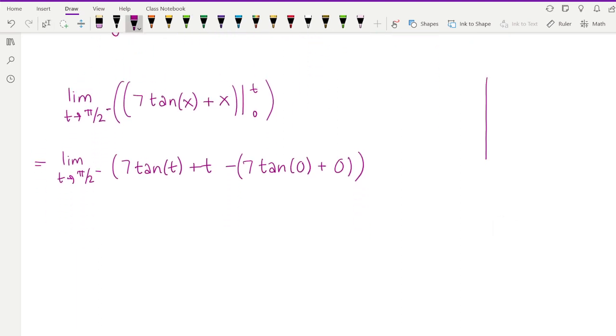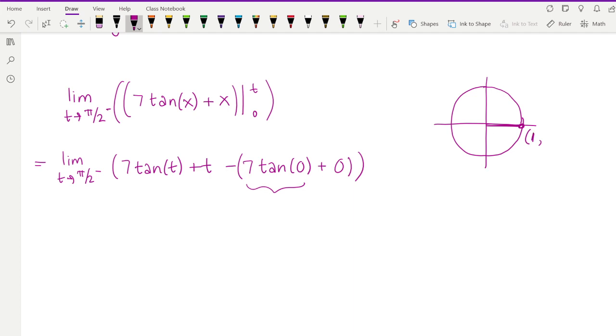So let's draw another unit circle. Remember that tangent of an angle is equal to sine over cosine, which is the same thing as the y coordinate over the x coordinate. So for example, tangent of 0: if you go to an angle of 0, cosine is the x coordinate, right?